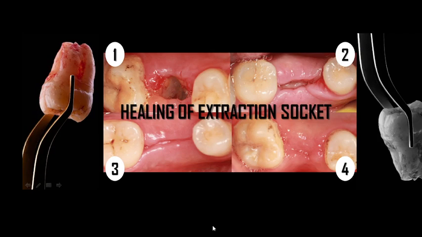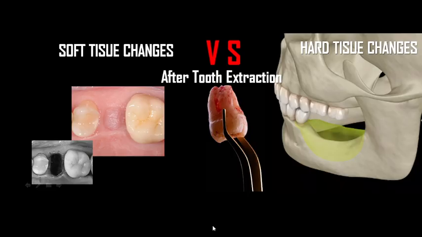So eventually it's a time-consuming process. The patient's procedures will be delayed. In addition to that, there will be soft tissue changes and hard tissue changes, where the gingiva will take about 2 to 3 months to completely heal.